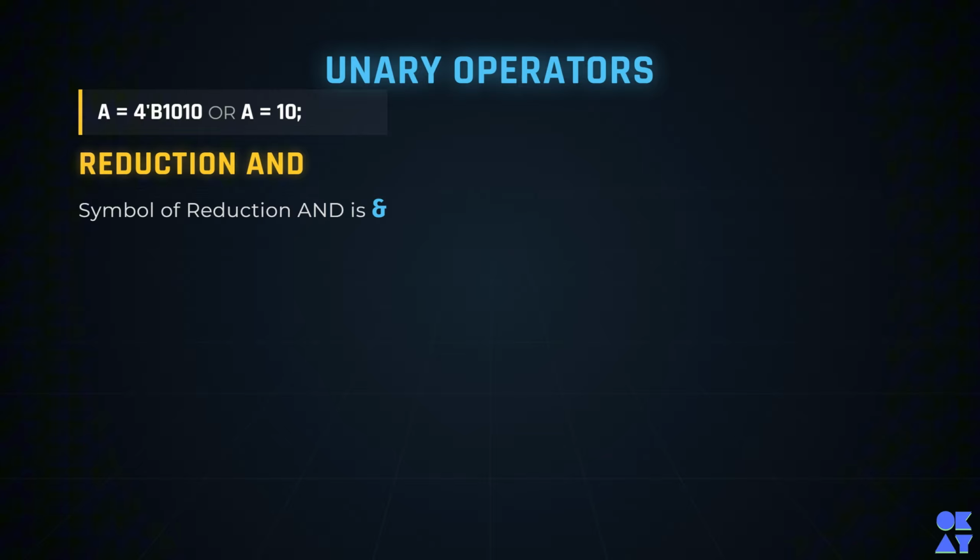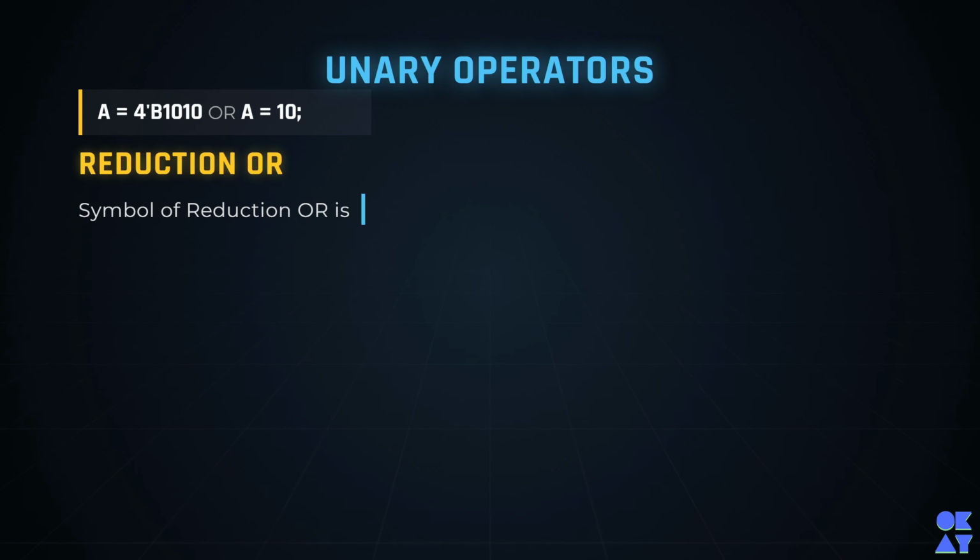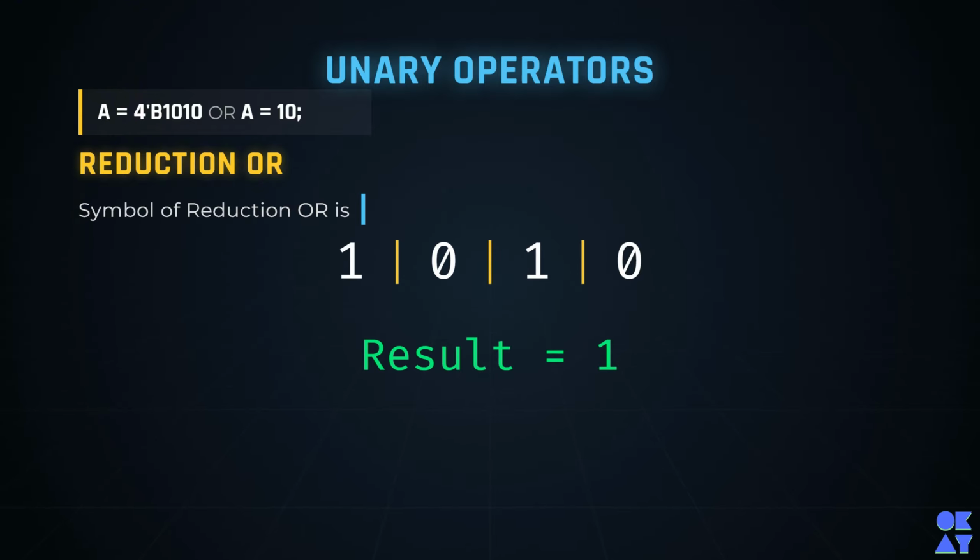Reduction AND. Reduction AND performs the AND operation on all bits. For A equal to 1010, 1 and 0 and 1 and 0. The result is 0. Reduction OR. Reduction OR performs OR on all bits. 1 or 0 or 1 or 0. The result is 1.